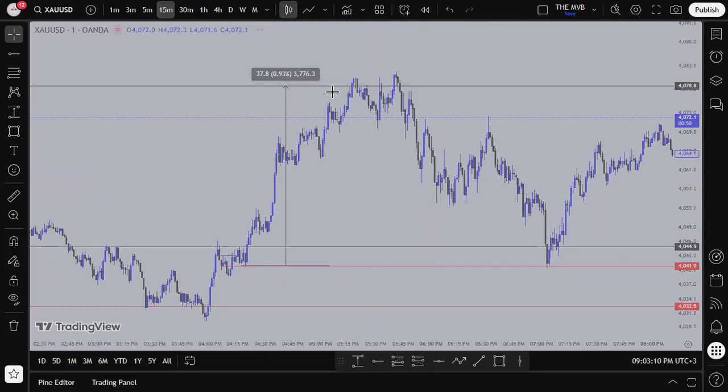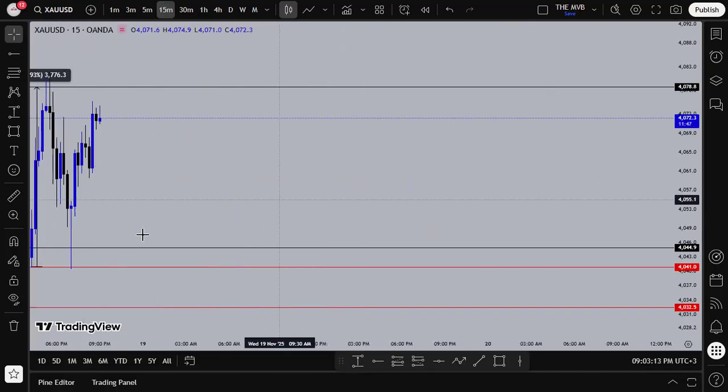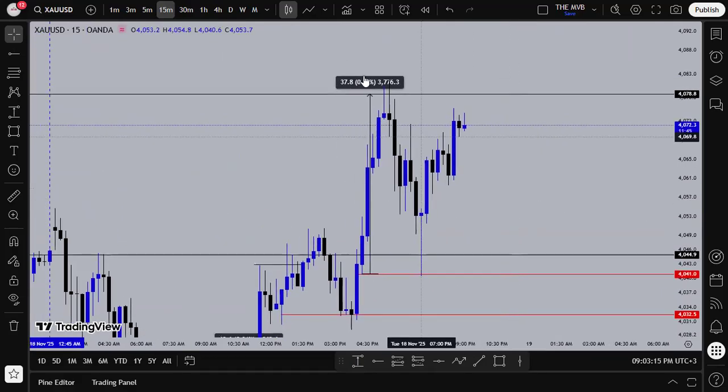If we go back to the 15 minutes, we see price reached this level and failed to break above twice. The first candle failed, the second candle also failed.